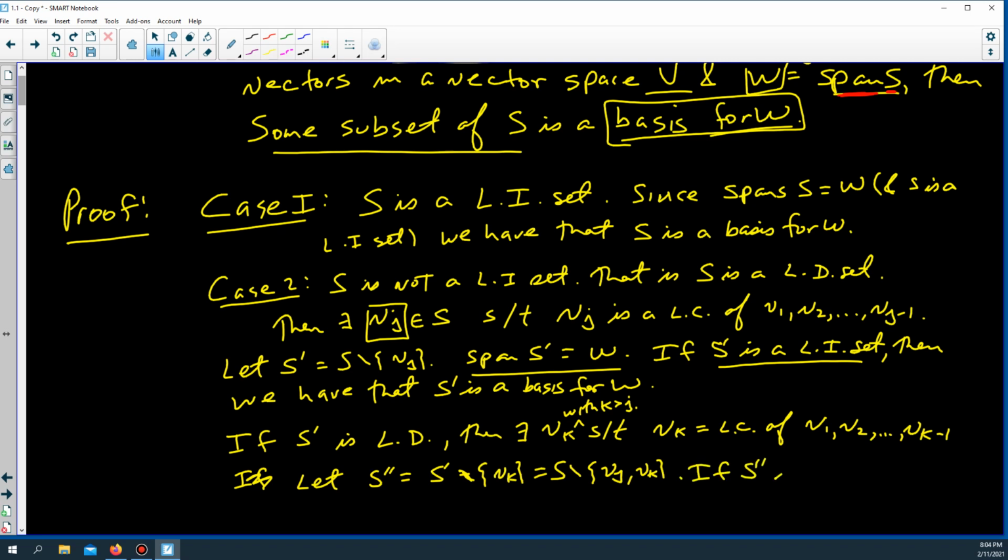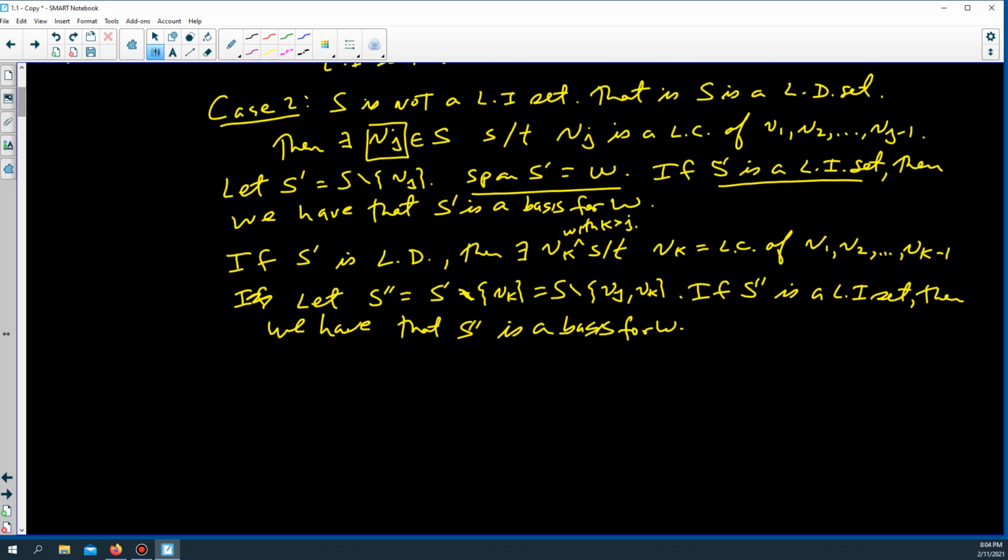If S double prime is a linearly independent set, then we have that S double prime is a basis for W. If needed, we can continue.